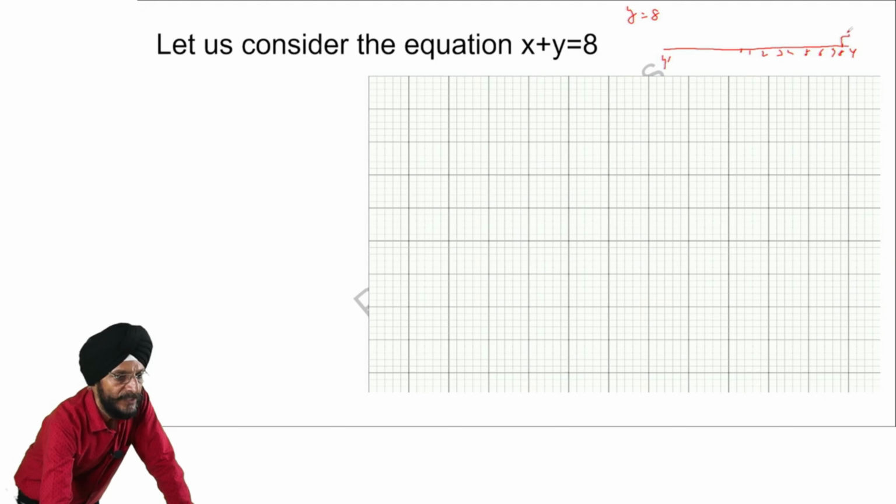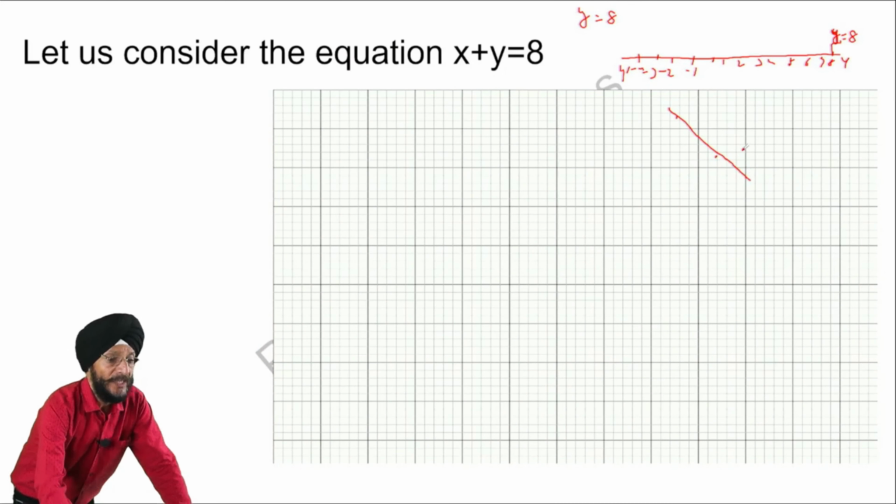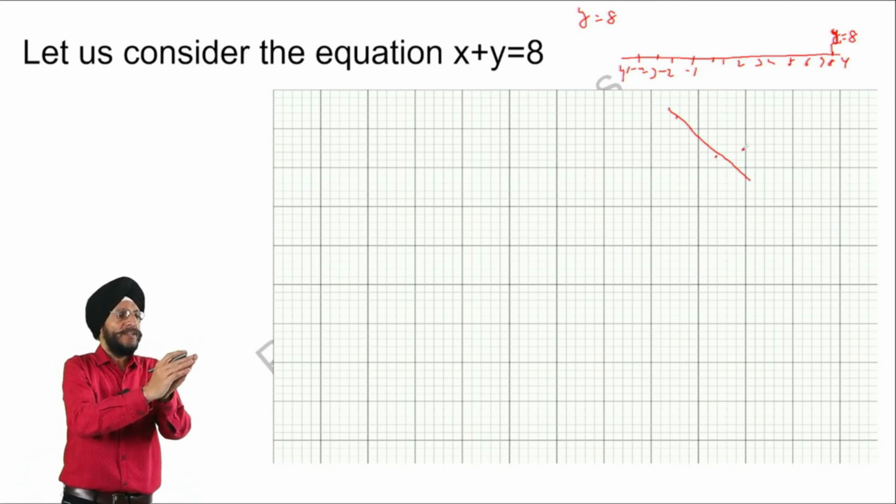two variables, when we are to draw the equation graphically, we will have to find out 2 points which can be joined together so that we can form the graph.